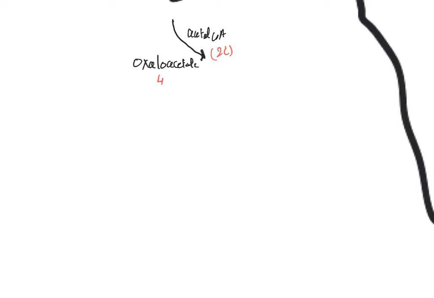It's a 4-carbon molecule, and both of these combine with the aid of citrate synthase. This is the enzyme responsible for producing citrate, right? This is a 2-carbon molecule and this is a 4-carbon molecule, so they give us a 6-carbon molecule.